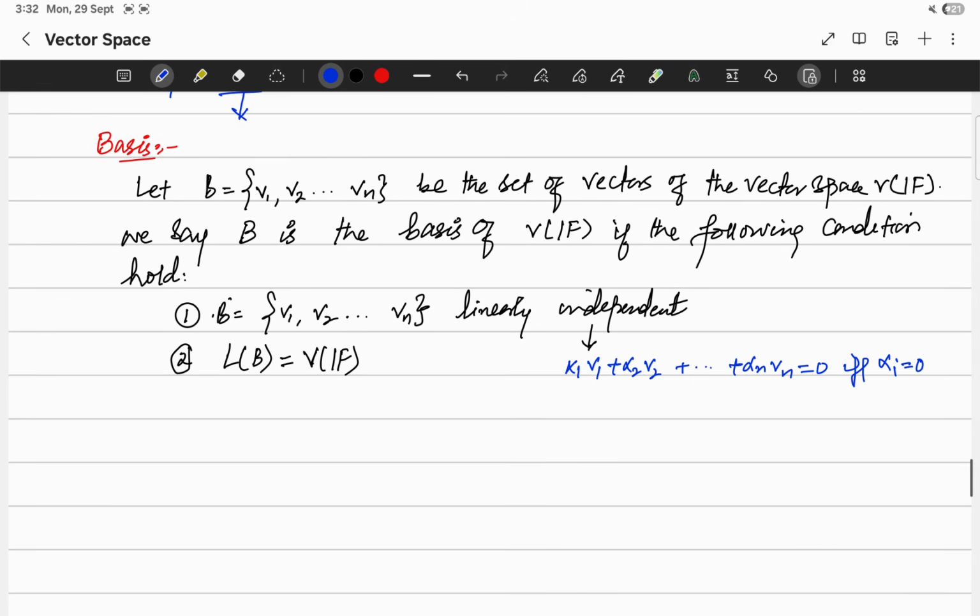So what is the difference here? Here we are actually taking the linear span again, but this linear span is your whole vector space.